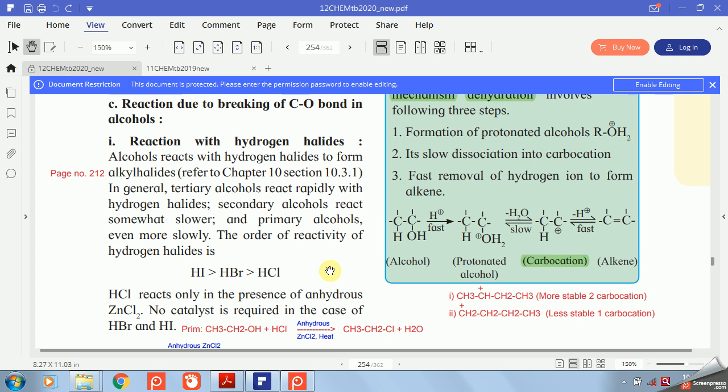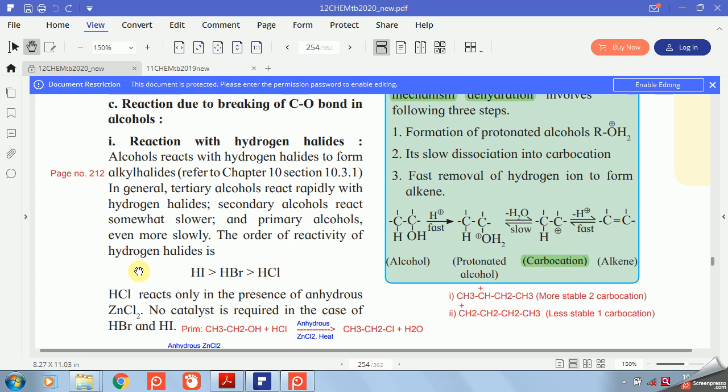In hyperconjugation, 9 hyperconjugating structures can be observed in the tertiary carbocation. That's why it is more stable. So this is about the reactivity. You can remember these points for multiple choice questions.